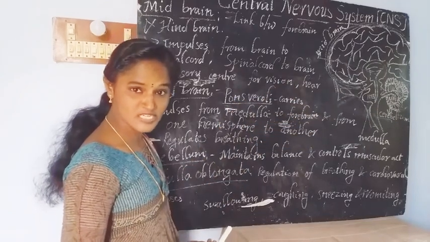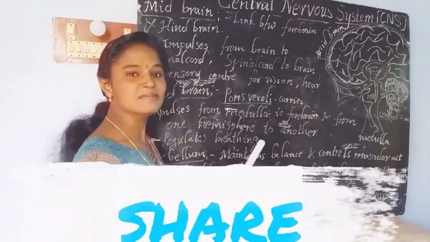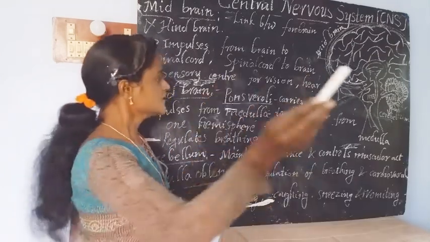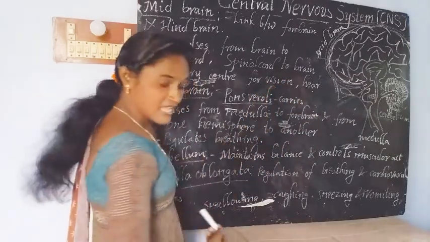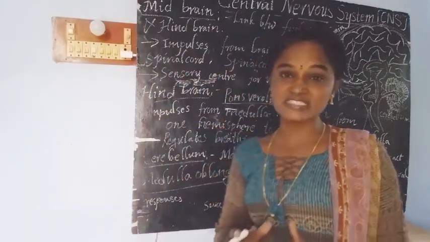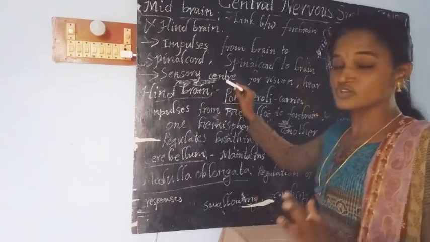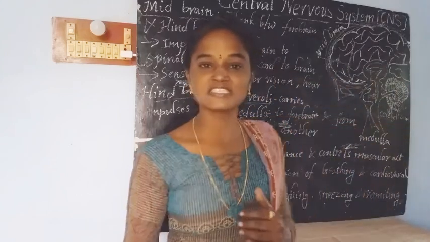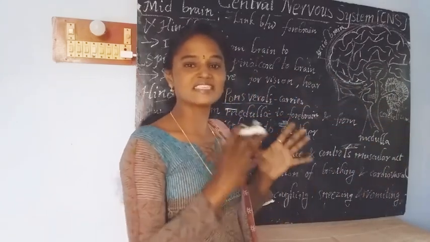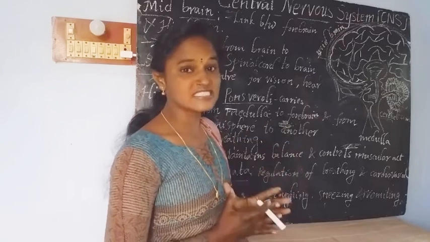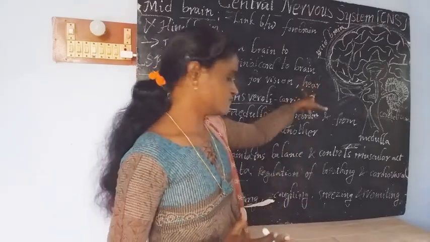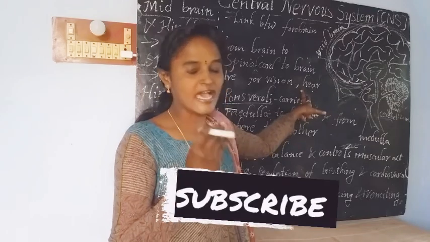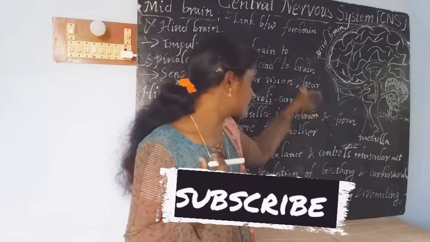It also acts as a sensory center for vision, meaning our sight, and at the same time it acts as the center for our auditory system, meaning hearing. It is the main controlling system for our eyesight as well as our hearing.